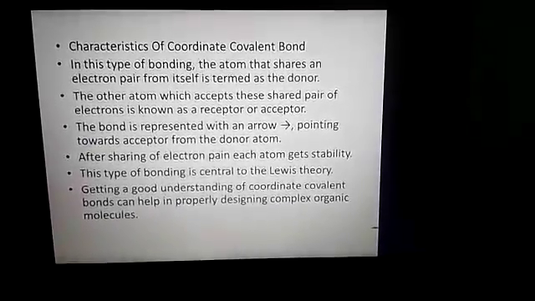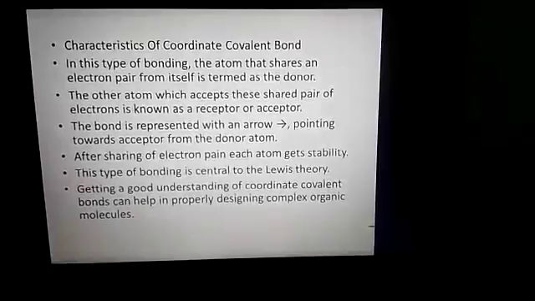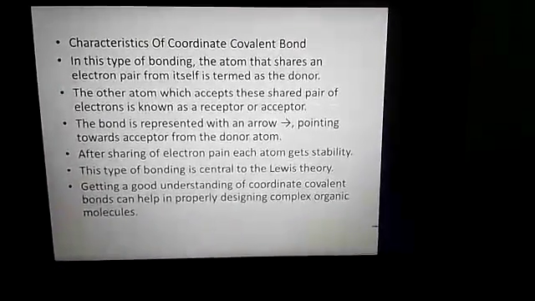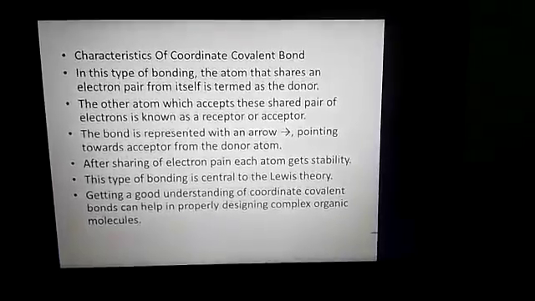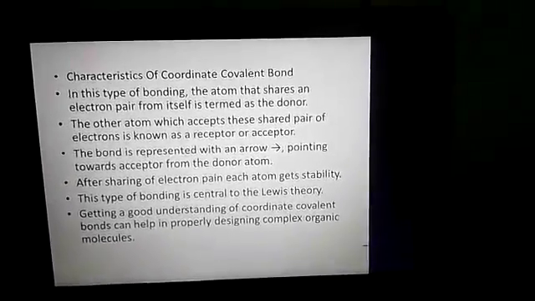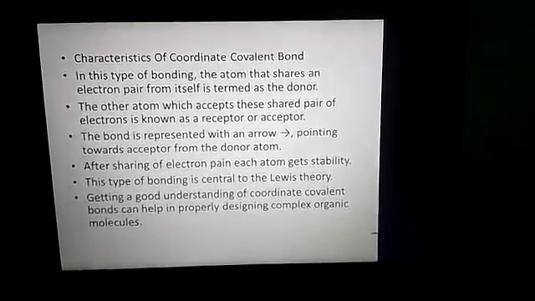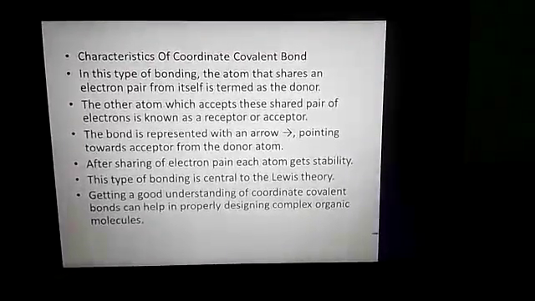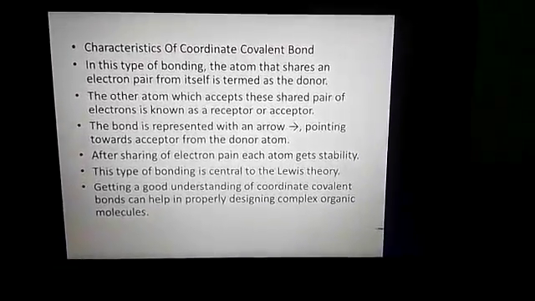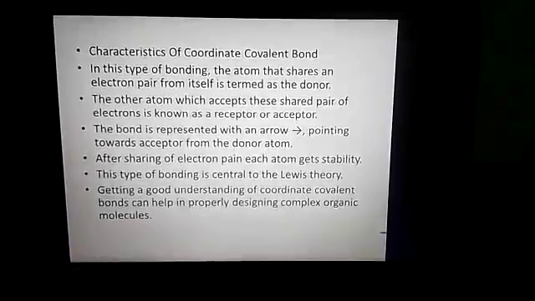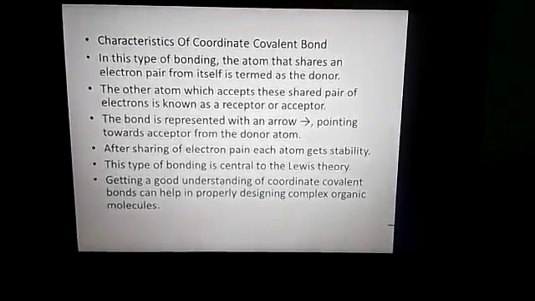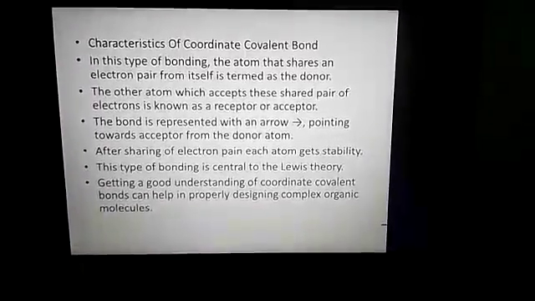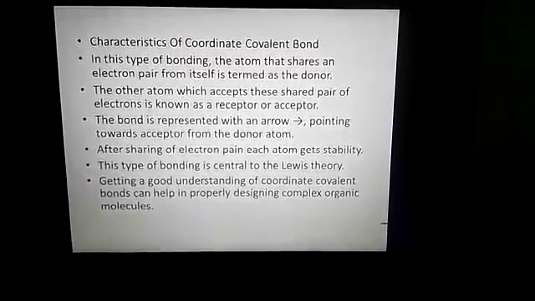The bond is represented with an arrow pointing from the donor atom towards the acceptor. After sharing of the electron pair, each atom gets stability, and this type of bonding is central to the Lewis theory.